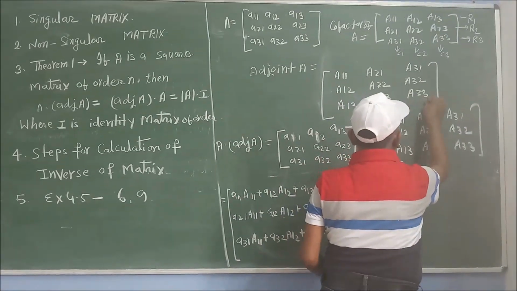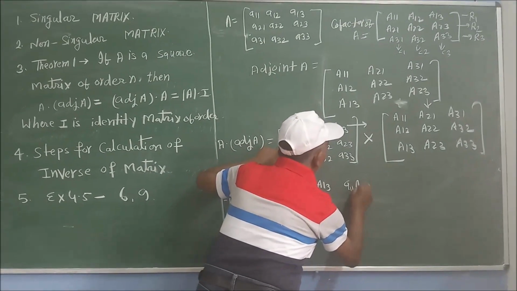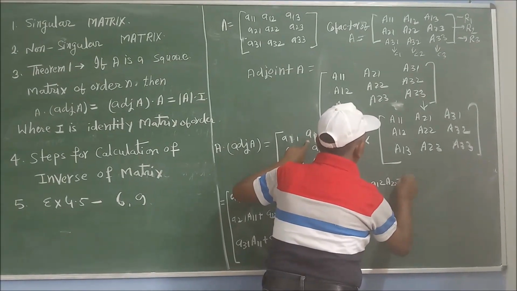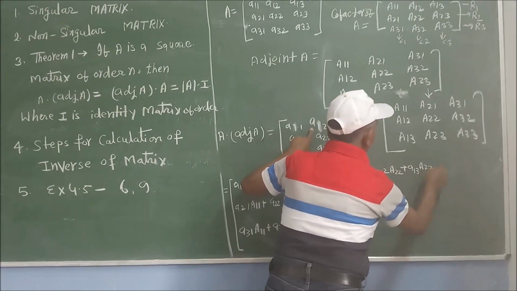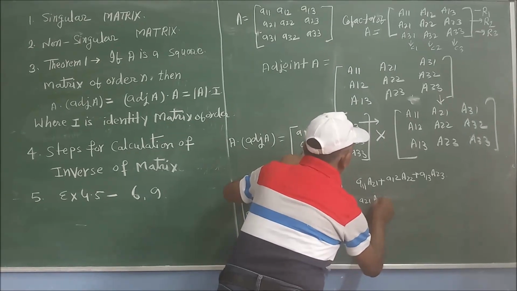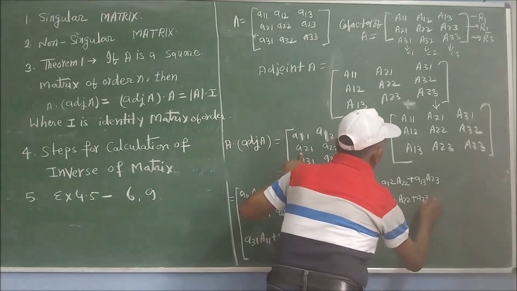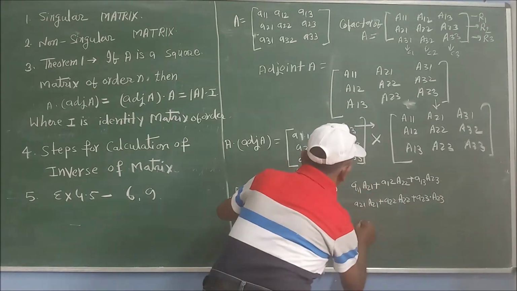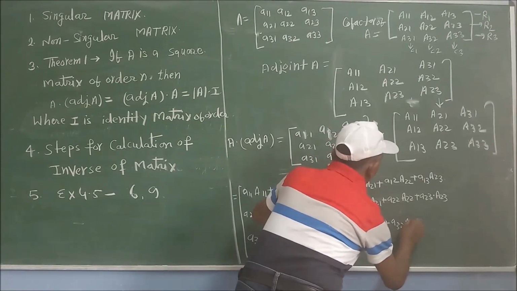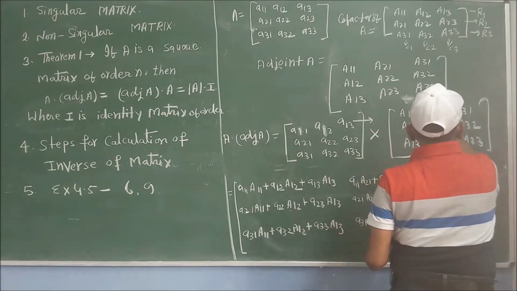Again multiply with your second column. So this can be written as a11 into A21 plus a12 into A22 plus a13 into A23, and a21 into A21 plus a22 into A22 plus a23 into A23, and last a31 into A21 plus a32 into A22 plus a33 into A23. Again come to C3.